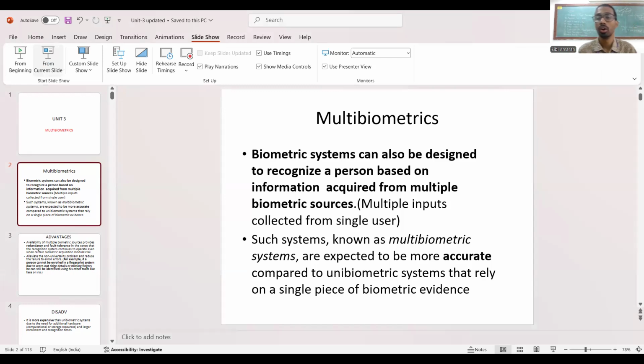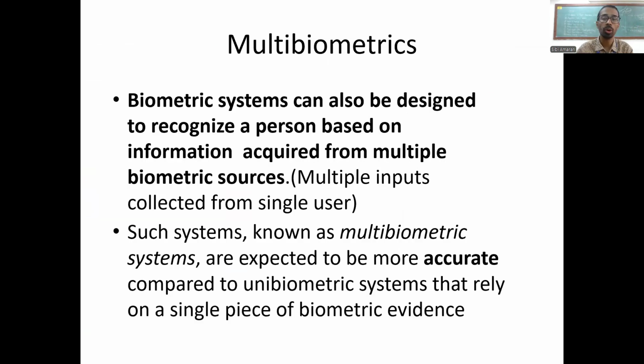As of now in biometrics, we discussed what biometrics is and the types of biometrics, and which type is more accurate. According to the results, physiological biometrics is better than behavioral biometrics.